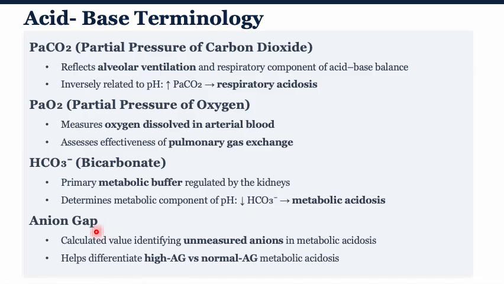Anion gap, this is something that we will calculate. It's a calculated value identifying unmeasured ions in metabolic acidosis. Calculating the anion gap will help differentiate high anion gap versus non-anion gap metabolic acidosis.